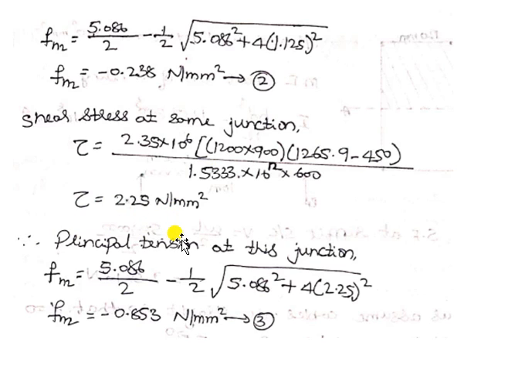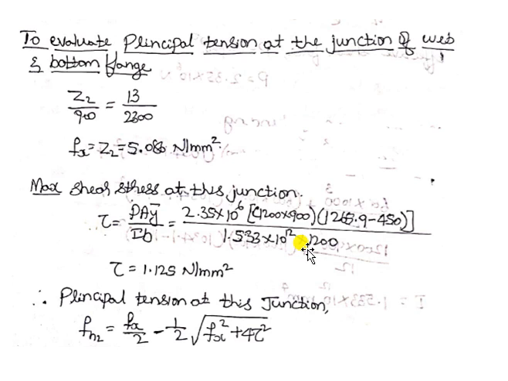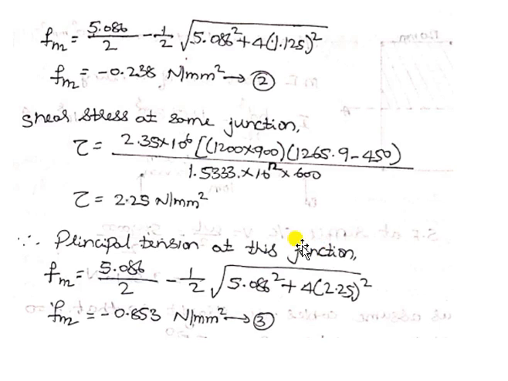Therefore, the principal tension at the junction. In the previous case, we calculated the principal tension at the junction by considering B as 1200 mm. Here, let us calculate it by considering B as 600 mm. So Fn2 is equal to, the formula is the same, substituting the values: 5.086 is Fx, by 2 minus 1 by 2 square root of Fx square plus 4 tau square.